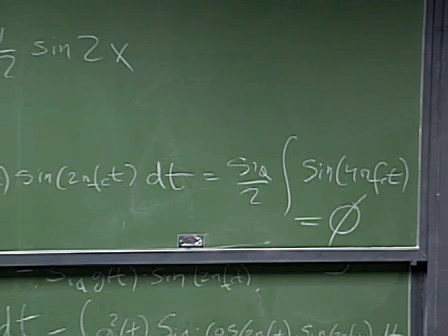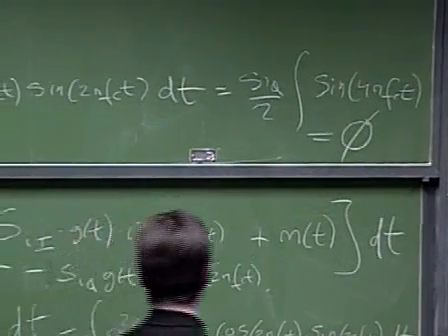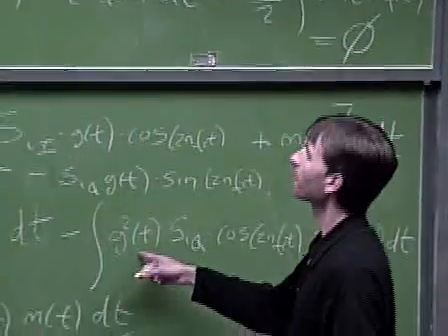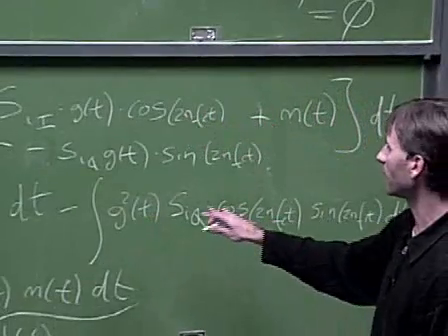Remember, this is the same idea we had when we were doing multipath fading, why the average of the fading is 0. You end up with an average of a sine or a cosine that is always 0. So that's 0 if there is no g. Now, we're going to put a condition on g that this integration remains 0. Let's table this for later.